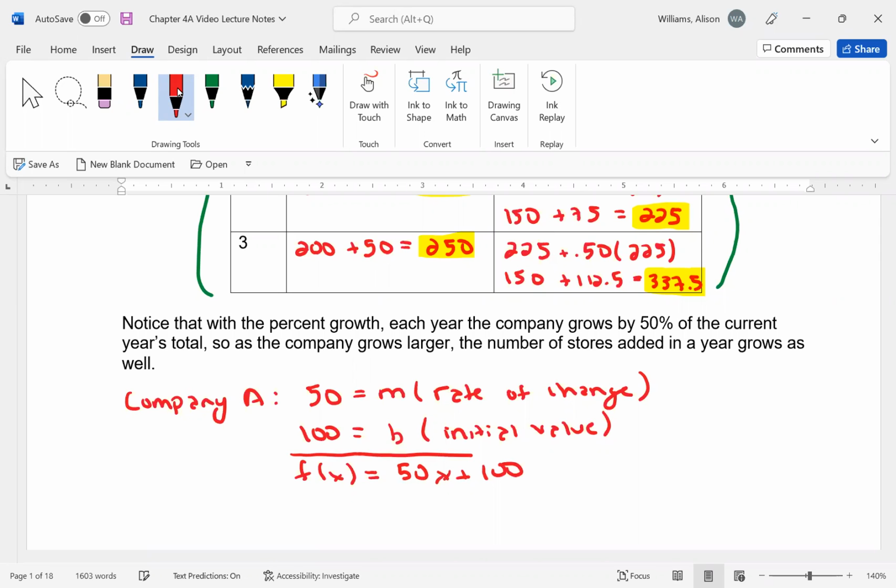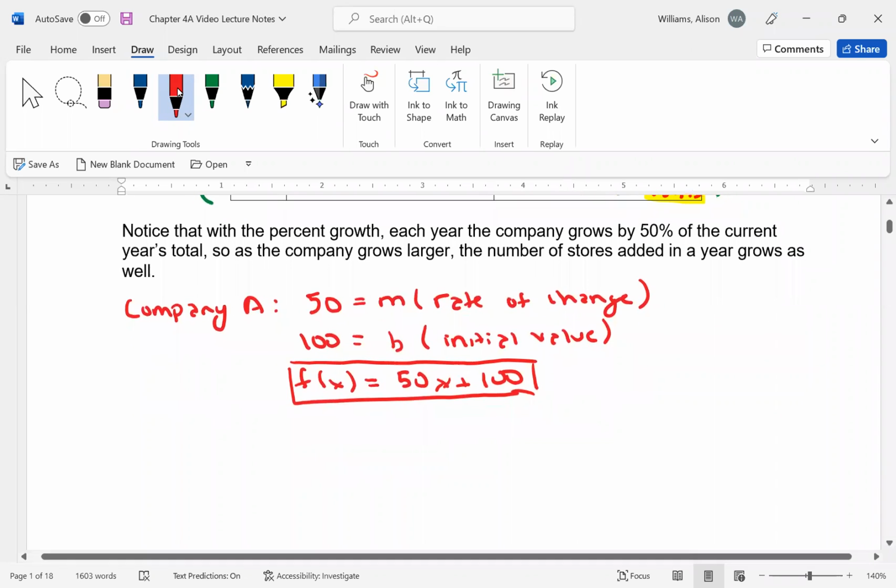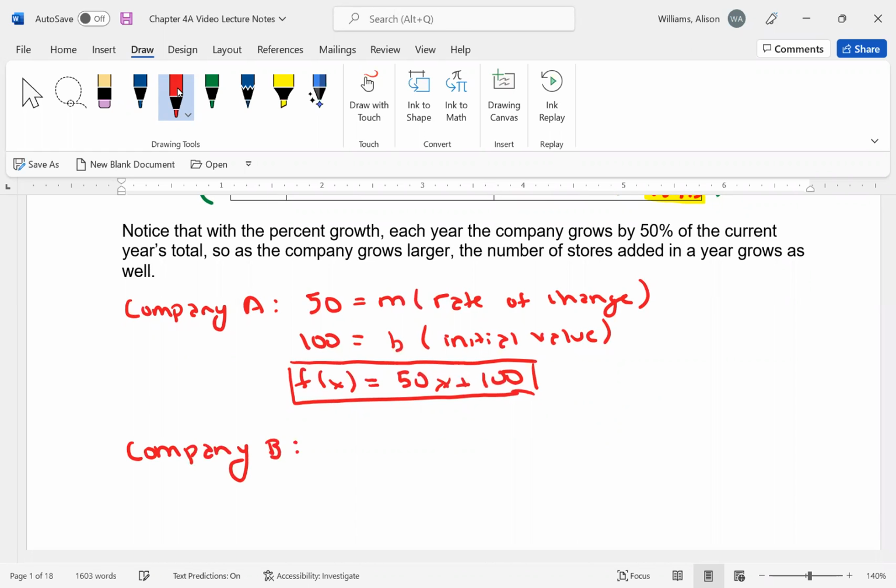Cool. Okay, company B is a little bit more complicated, and I kind of like to think of it a little differently than how we did the calculations. So here's how we're going to think of it. Rather than doing this, which was taking 100 and adding 50% times 100, here's how I want to actually think of this.